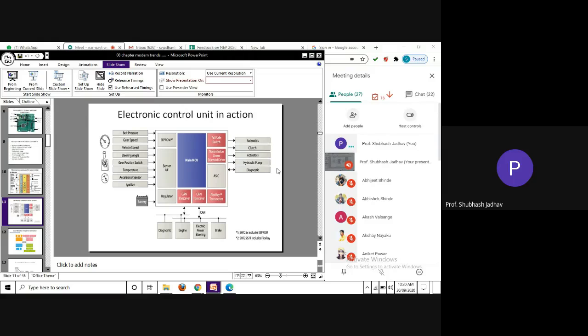It is not always necessary that one sensor gives data to only one ECU. It may give to multiple ECUs, because there will be many ECUs requiring the engine speed as input, so all ECUs will be fed with the speed data.